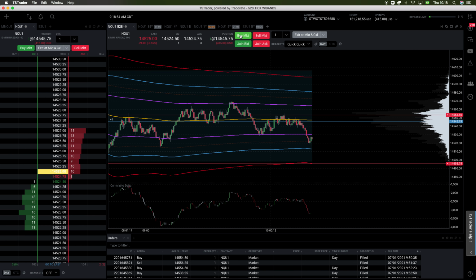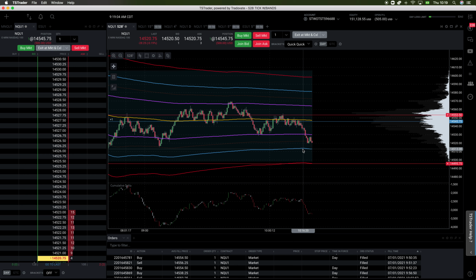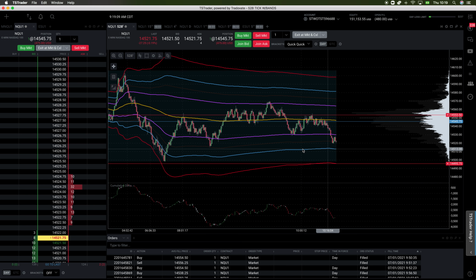About a minute left until this 5-minute candle closes. It's starting to look a little heavy, which is not too comforting. And we're going to keep moving downwards here.